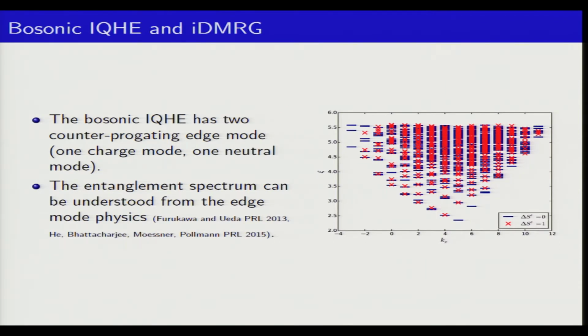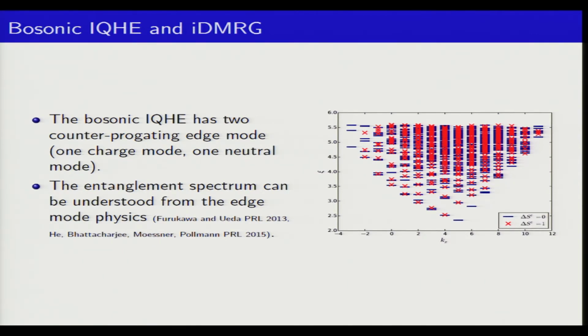So this is the entanglement spectrum that you get out of the simulation. That's the entanglement levels as a function of the momentum. You have two different symbols because you can address different spin sectors. But overall, what you observe here is the bosonic integer quantum Hall effect, and you know the edge properties. You know that you have two counter-propagating edge modes, one charge mode and one neutral mode, so that the Hall conductance is 2e squared over h.